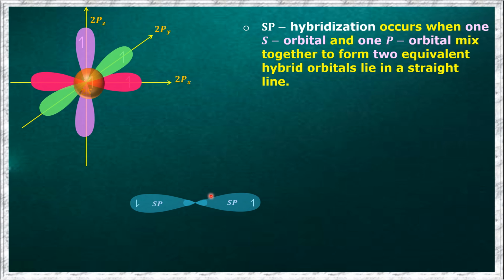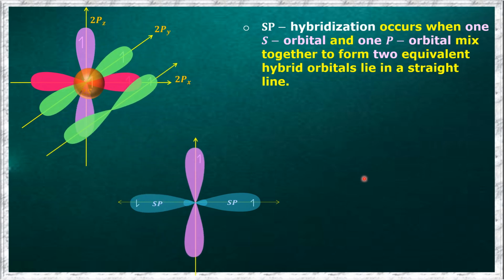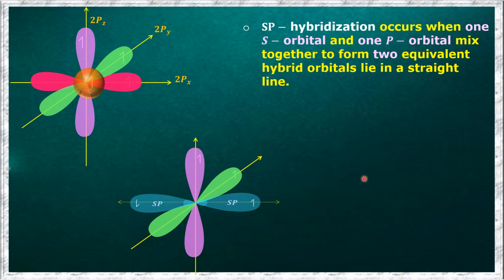So two sp hybrid orbitals lie in a straight line, that is, the angle between them is 180 degrees. And the other two 2p orbitals, say 2py and 2pz, are left unhybridized. These are the unhybridized orbitals around the carbon atom.